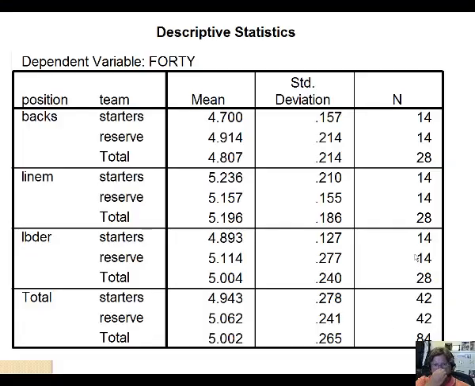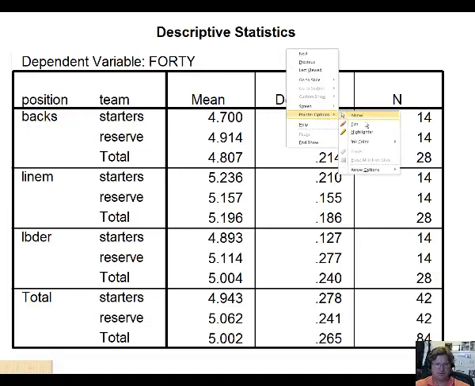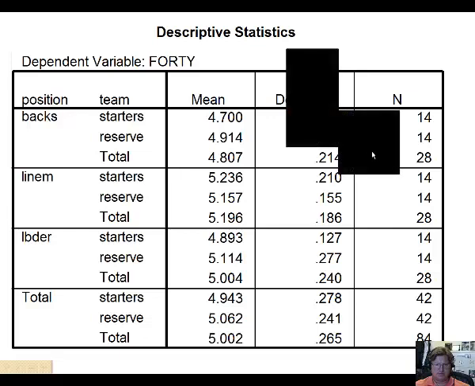so I think we've looked at this example study before. This was looking at the 40-yard run times of some football players who were grouped by position and also by starter versus reserve status. So these scores here, let me just get the pointer option on here.